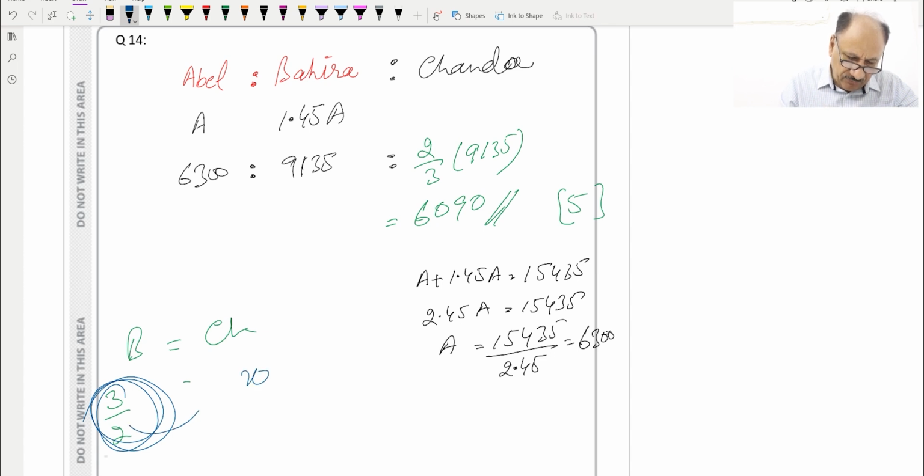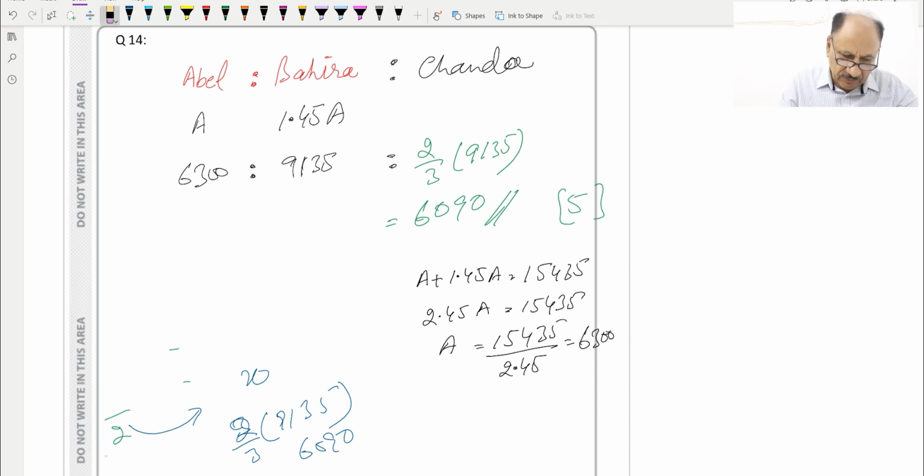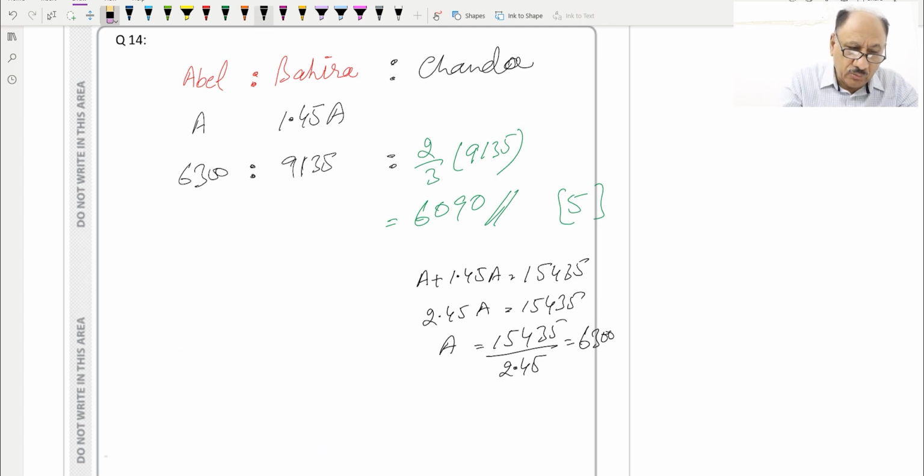So when we shift this to the other side, it will be 2 by 3 of 9135, which is equal to 6090. Hopefully you understood this. This is just understanding the wording of the question which they have given. This one is done.